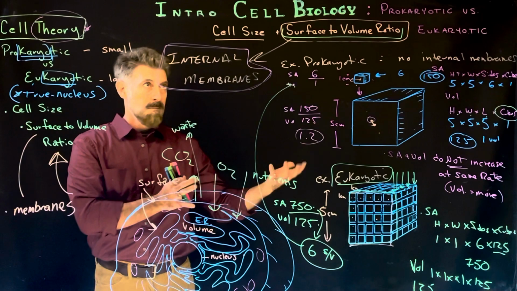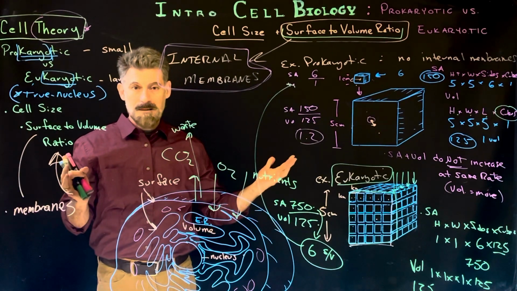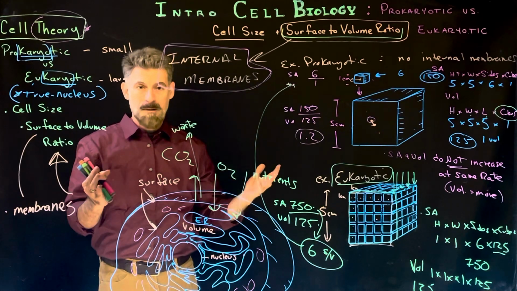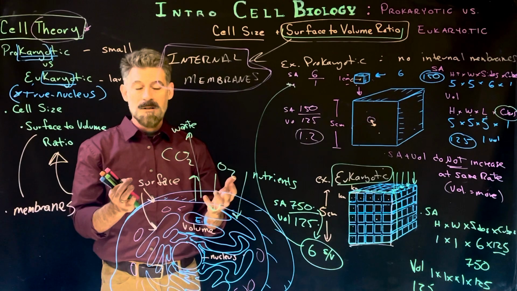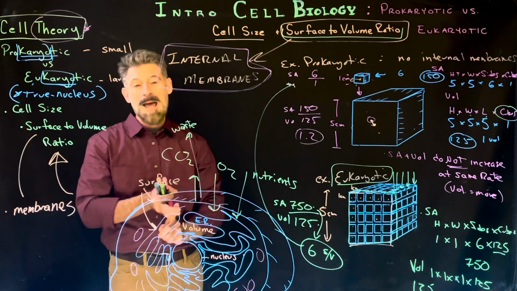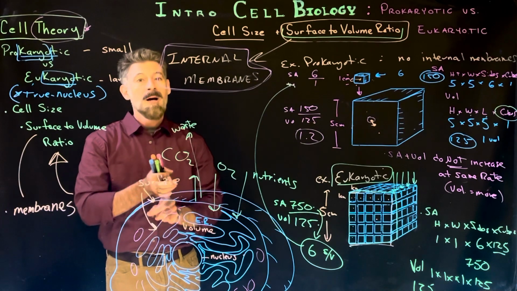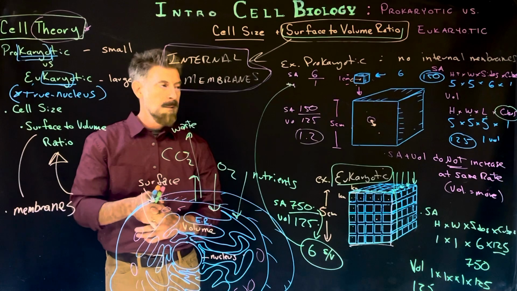Now, in my intro cell biology, general biology class, the entire second exam is all on membranes. It's because they're so important: everything that really happens in the cell happens at the surface of the membrane. It's very important you understand the structure of membranes and all the actions and activities that take place at the surface of a membrane. So we'll spend a good amount of time on that.